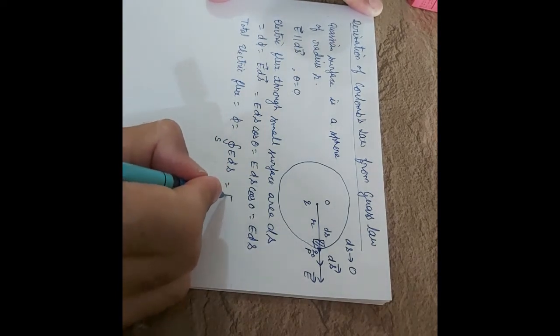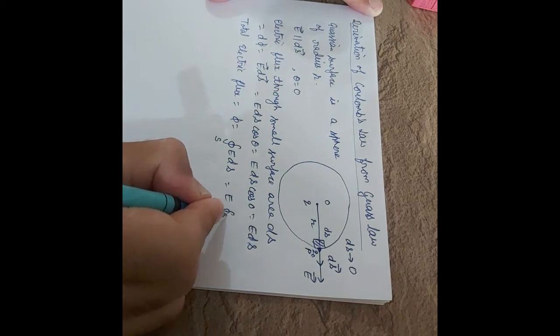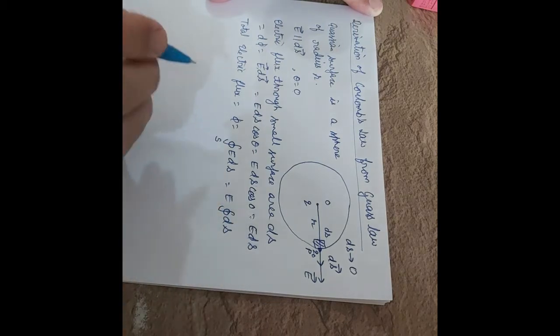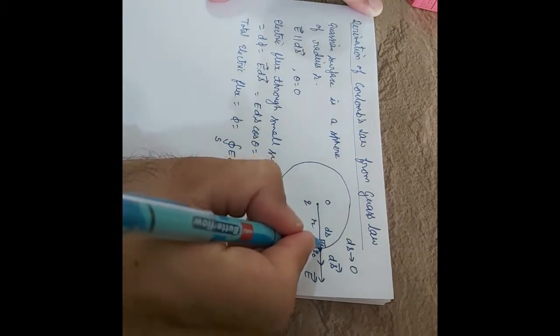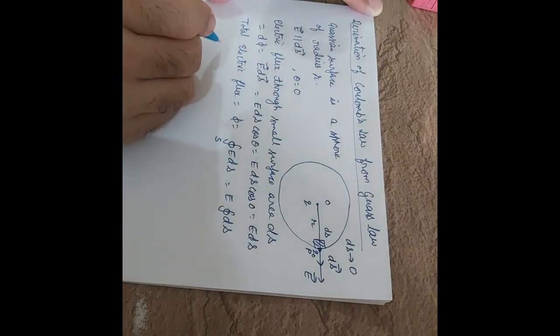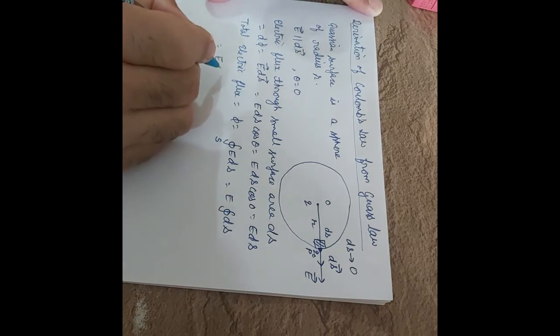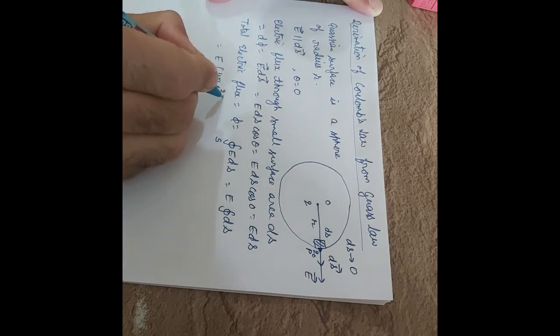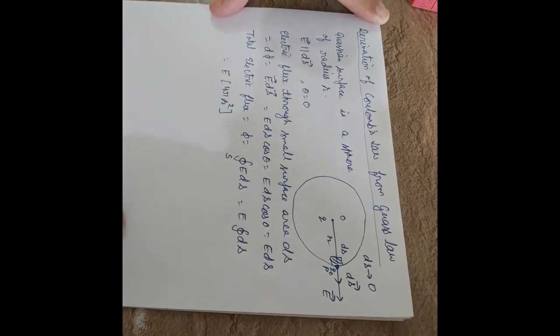Take E outside and ds inside. If I add all these small surfaces, I will get a sphere. And what is the surface area of a sphere? It is 4 pi r square. So phi equals E into 4 pi r square. This is equation 1.